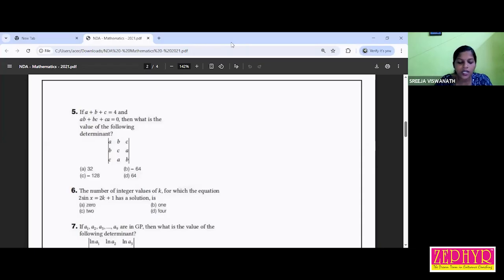This is a cyclic order determinant. What is the value of this determinant?